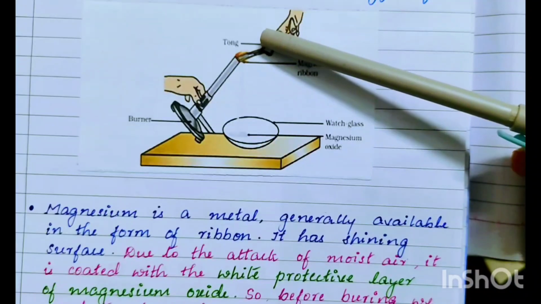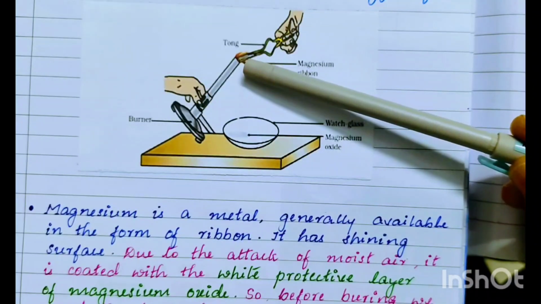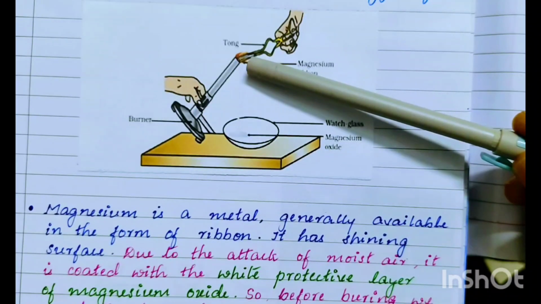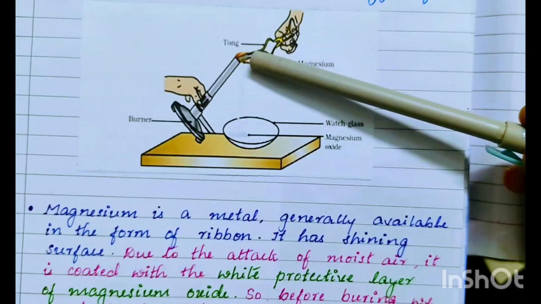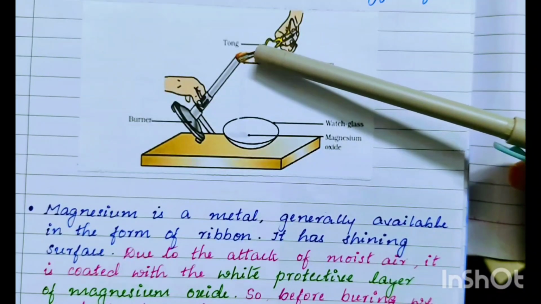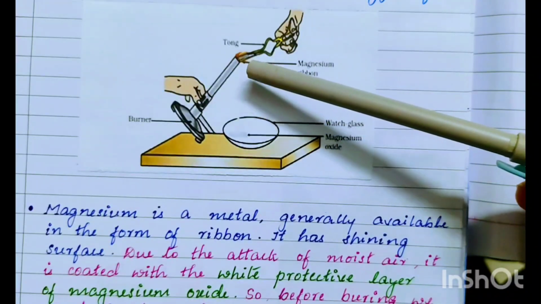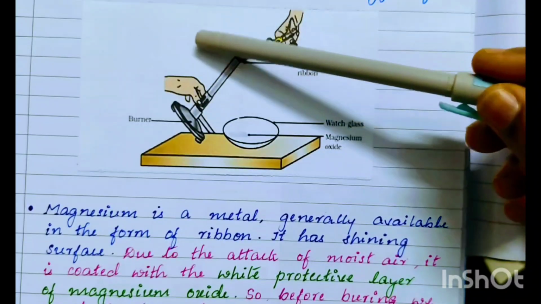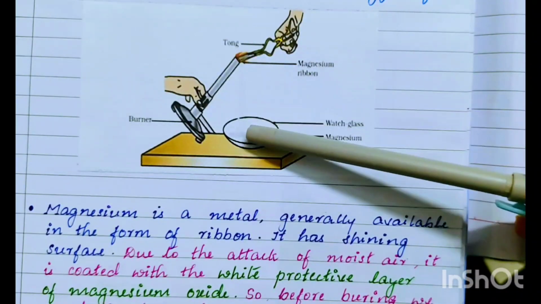Here you can see the magnesium ribbon. Magnesium is a metal, silver or gray in color, and we need to burn it. For the burning process, we know that we need oxygen. So this magnesium metal will combine with the oxygen present around it, and we get a new substance.